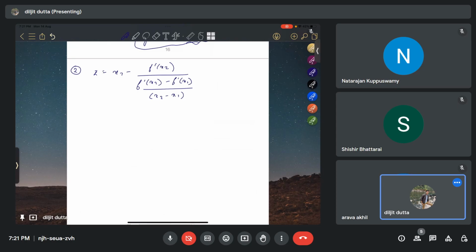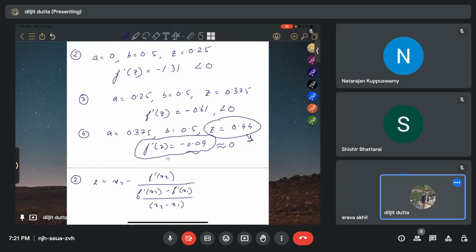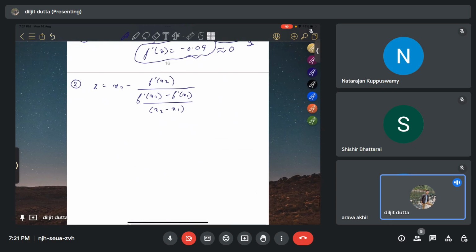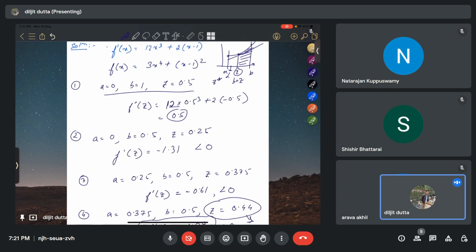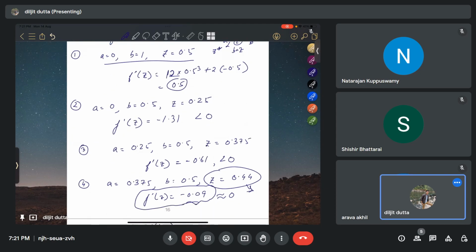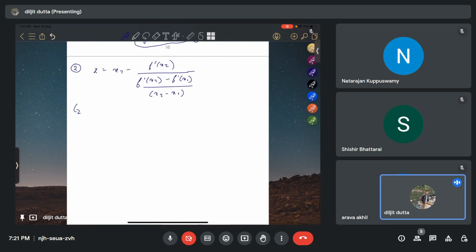Initially the first iteration will be the same only. In this first iteration we will take z equal to the midpoint only. After the first iteration we will use this formula. So from the second iteration we will proceed.